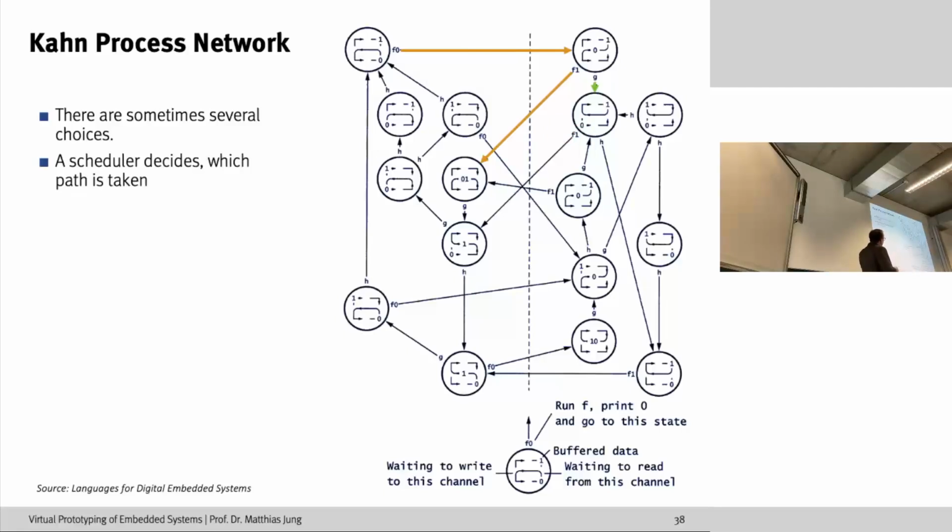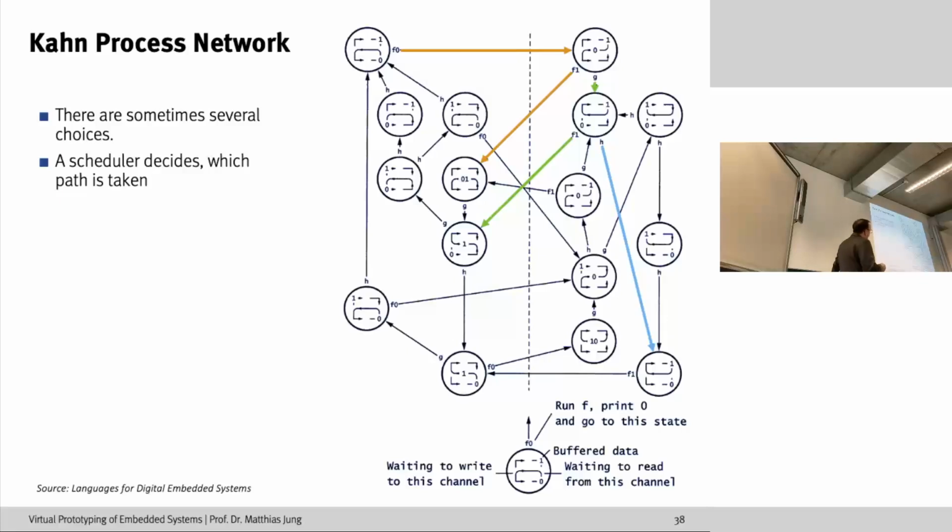And the scheduler of this simulator will decide that. Usually it's in a random fashion, and it doesn't matter, because in the end the output will be the same. So if we then execute F, we go that way, so the output is then also 1. First output 0, next output 1. It's the same as here: output 0, output 1. Works.